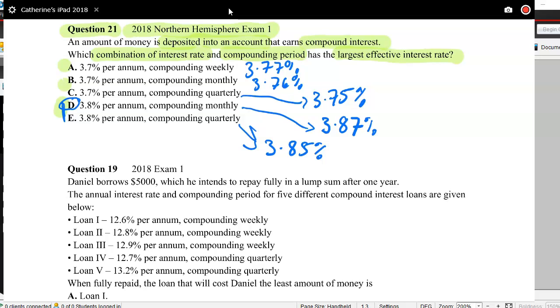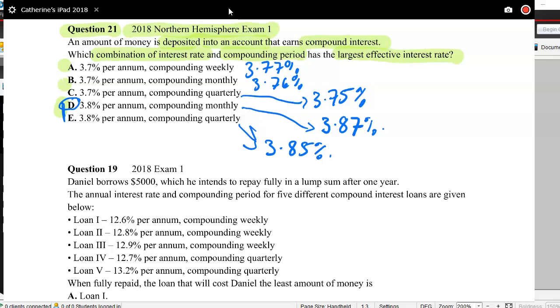But I hope this is illustrating that the more often you compound, the higher the effective interest rate is going to be. Okay, so there you really have to double check what things are, and it doesn't take that long in your calculator.